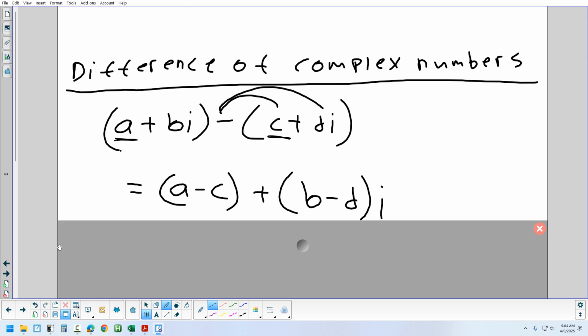It's exactly the same formula except minus, and a minus inside the parentheses. So think of that as being distributed out. That's how subtraction works. The i always stays right next to whatever you get when you do the b minus d.